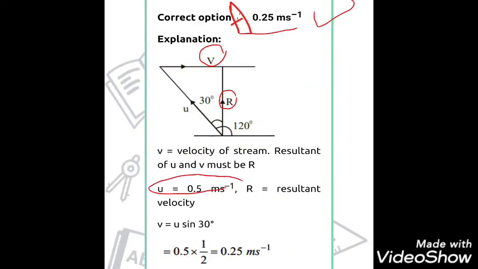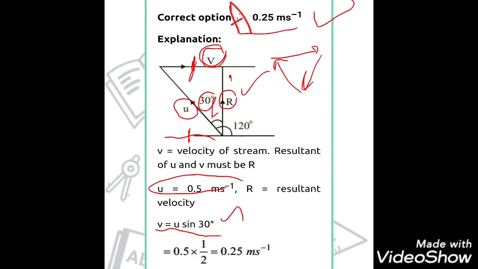If the velocity of the stream is v, this is called the resultant R. By resolution of the vector, at 30 degree, there is a cos component and a sine component, which is parallel to this. So the velocity of the stream v is equal to u sine theta. That means u sine 30 degree, and sine 30 means half. So 0.5 into half means 0.25 meter per second is the correct answer.